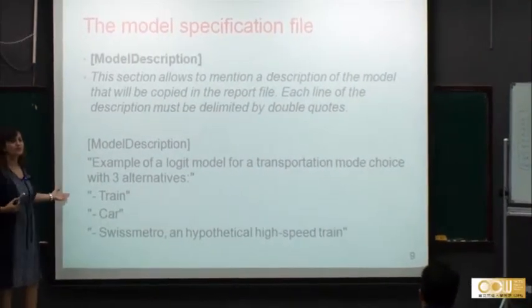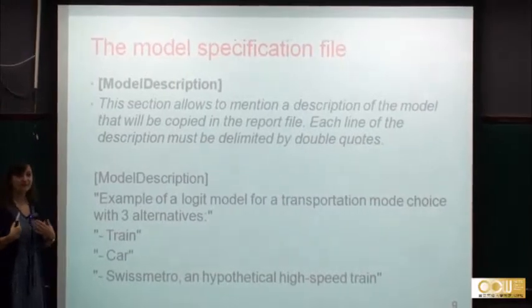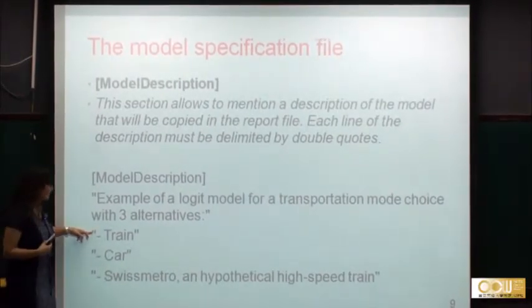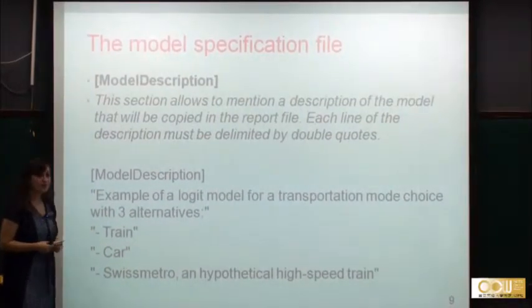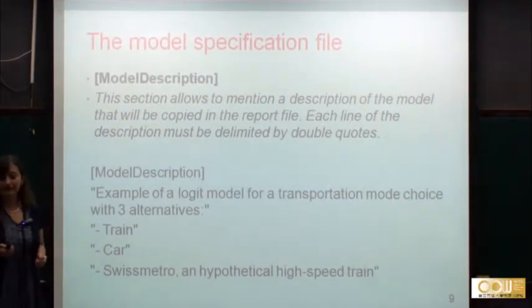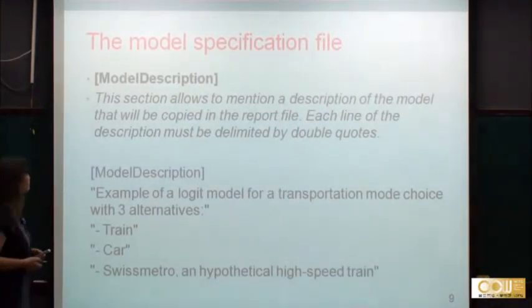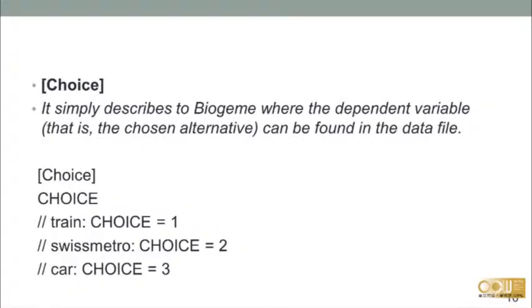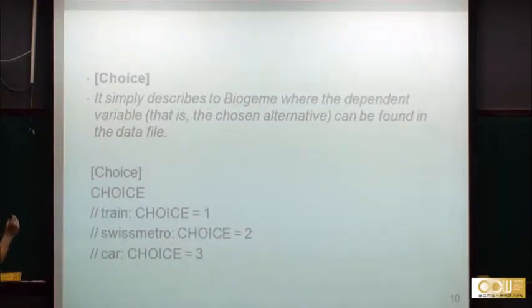It's not doing anything, but it reminds me that I'm working with train, car, and Swiss Metro, which is a hypothetical high-speed train. It's not real, so this is SP. Then the choice, you need just to give him the variable that is the dependent variable. For example, in the file, it's called choice.